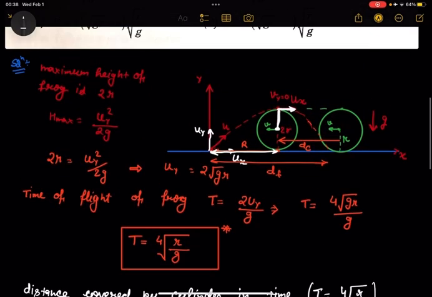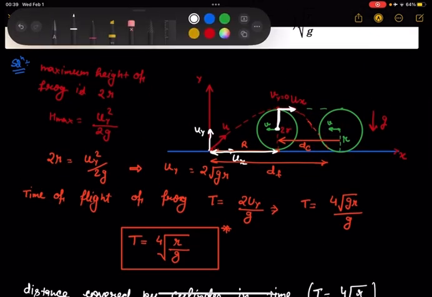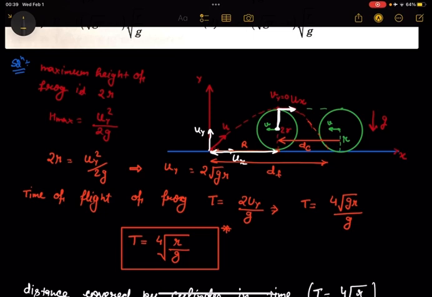Okay, now how to calculate the radius? We can very easily calculate the radius of this path. Here normal acceleration is acting. So an is equal to ux square by radius. So finally radius is equal to ux square by an, and an is nothing but g.